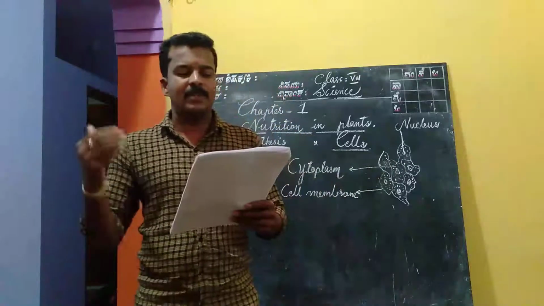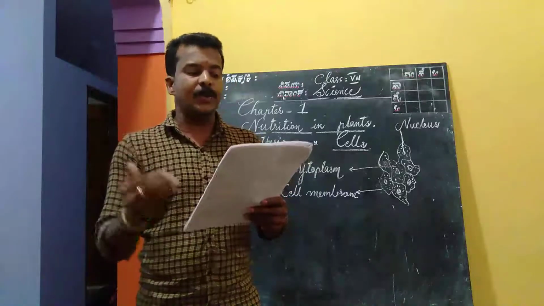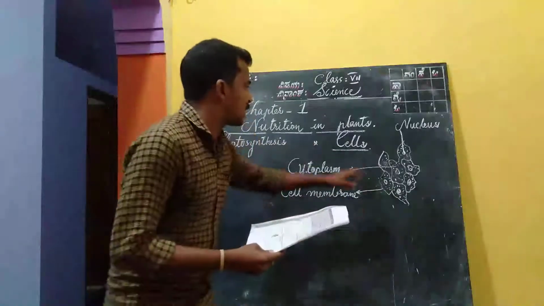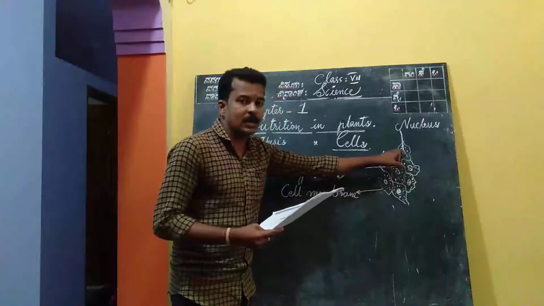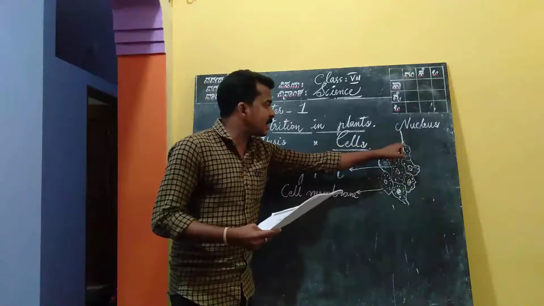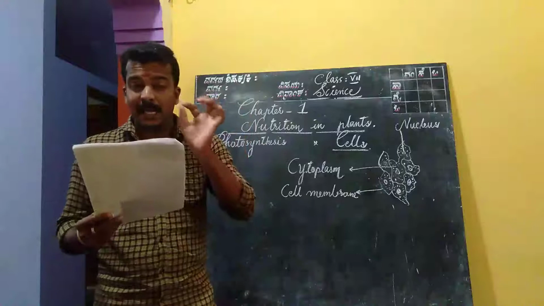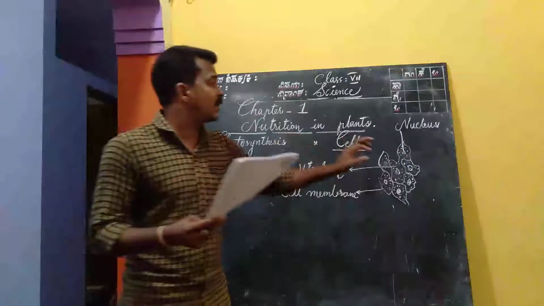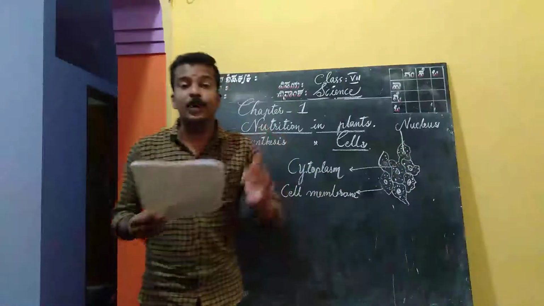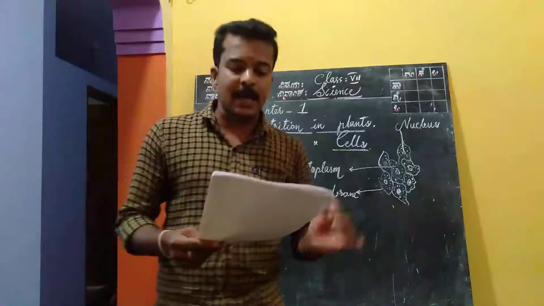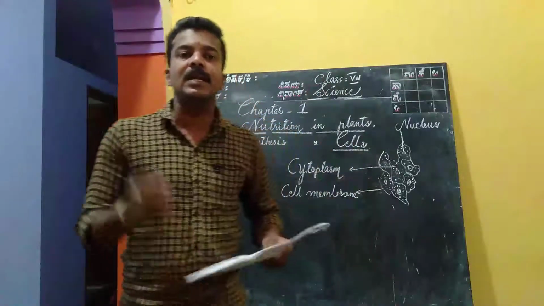Most cells have a distinct centrally located spherical structure called the nucleus. The nucleus is surrounded by a jelly-like substance, and that is called the cytoplasm.